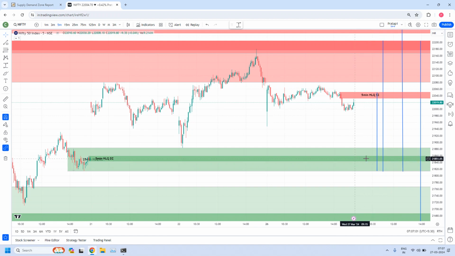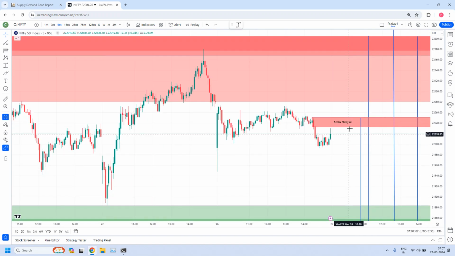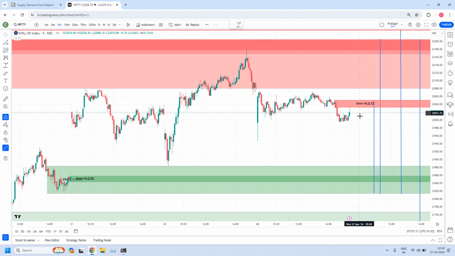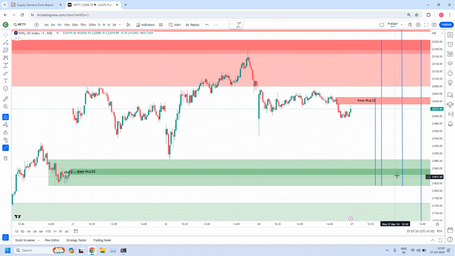If these ranges are violated, we need to check in today's trading session. In case this 5 minutes high liquidity supply zone is strong, probably prices will be moving from here to this demand zone. And the remaining analysis holds good as per whatever we discussed previously.